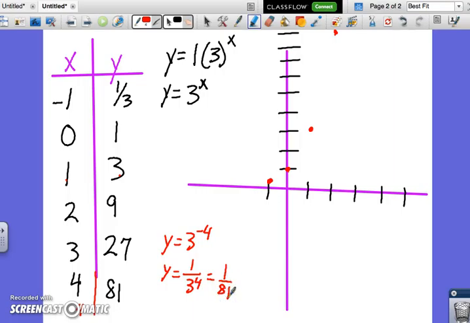The crazy thing about this is that it's never going to cross the x-axis. We have this invisible barrier that it's never going to cross. If you remember, we call that line, which we can get ever so close to but can't cross, an asymptote.